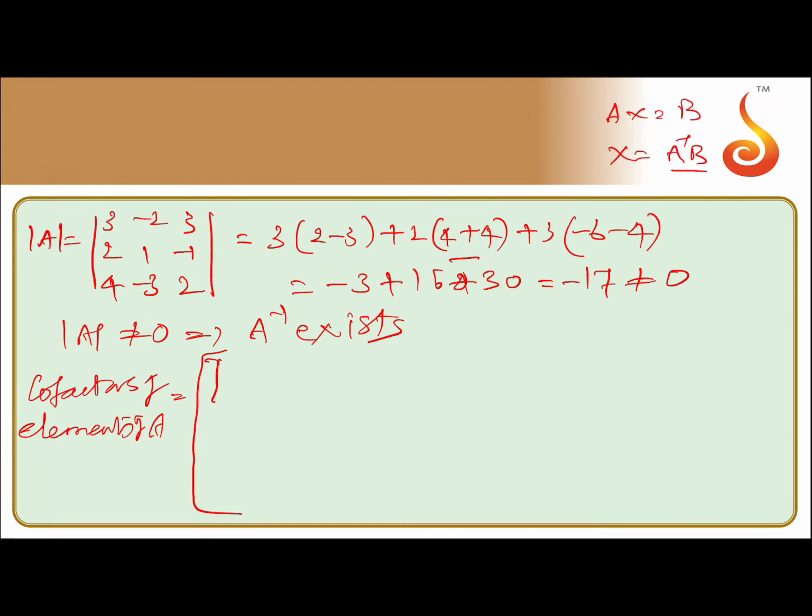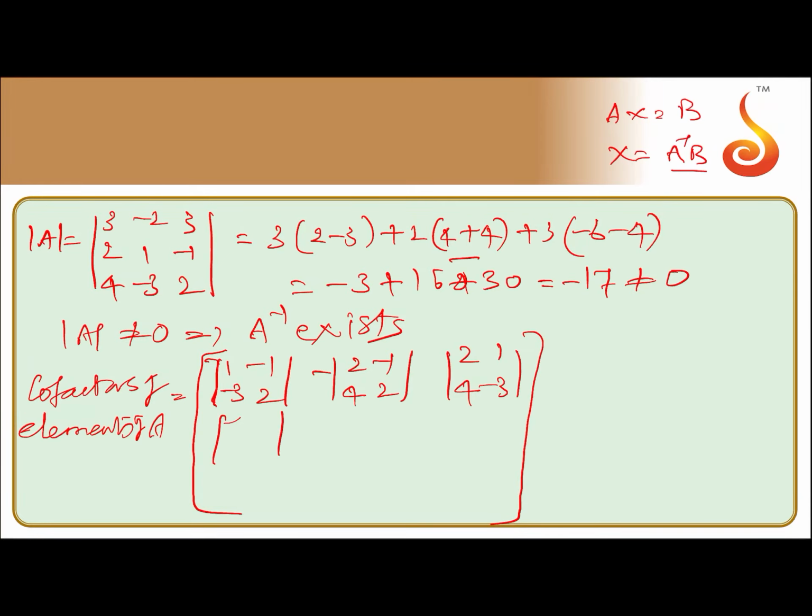Cofactors. So the first one, I hope the first one is 1 minus 1 minus 3, 2. Then the cofactor of 3: minus 2 cofactor, 2 minus 1, 4, 2 with the minus sign. And the cofactor of 3: 2, 1, 4 minus 3. And the second one, cofactor of 2 is nothing but minus 2, 3, minus 3, 2 with the minus sign.